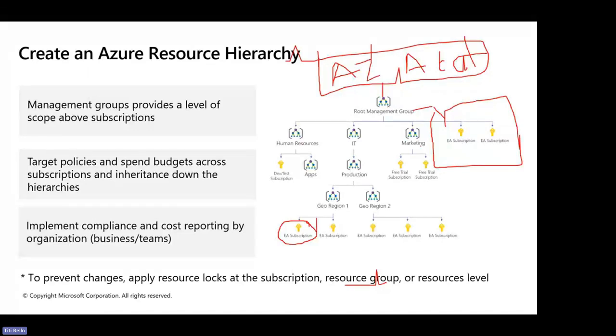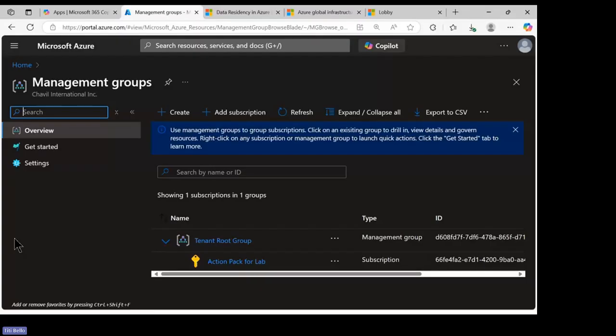Under it, we now have other management groups that have been created. So likewise, we have it here. This is the root, the tenant management group, the one created by default. Once you create your subscription, you have this created. So you can now create other management groups.